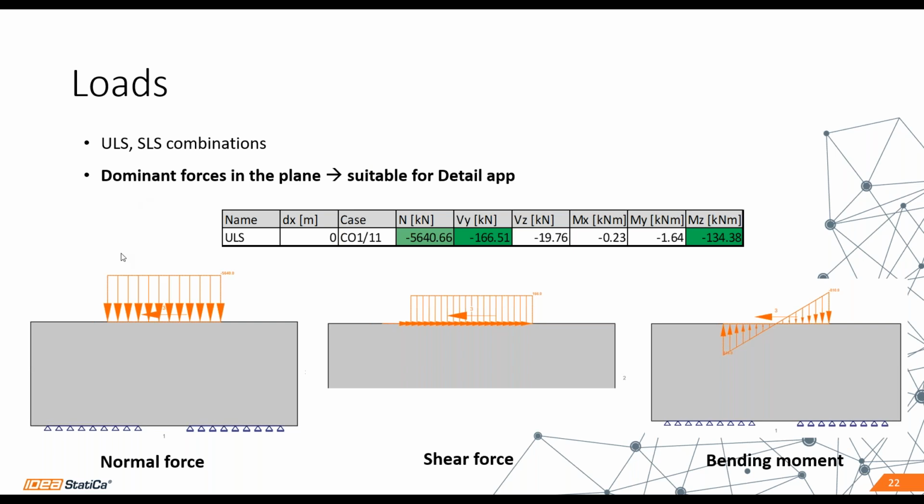The column has a 1 meter width, so the normal force divided by 1 meter, you can put here as the normal force. The shear force will be the same, 166.51. And how to create a bending moment?